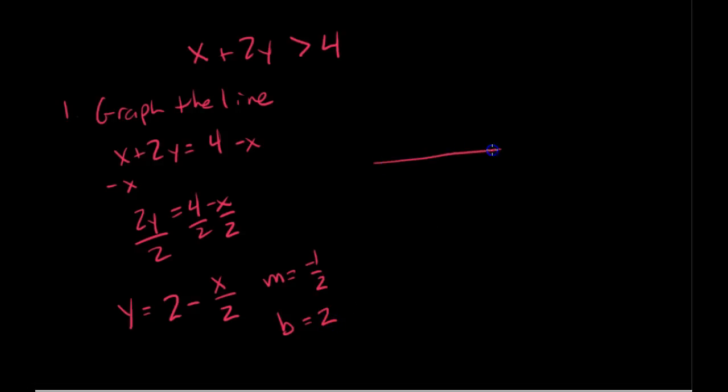So if we graph that, that means that we would start our graph at y equals 2, and then we would go down 1 and over 2, down 1 and over 2, and because this is greater than, we're going to use a dashed line, right?